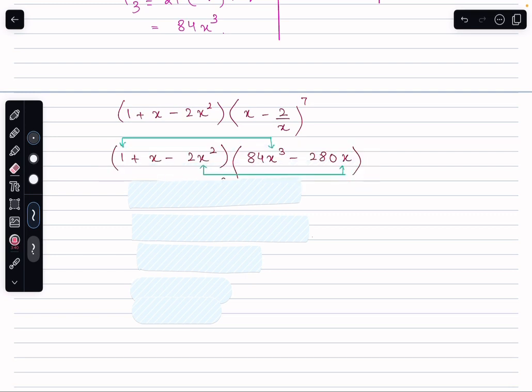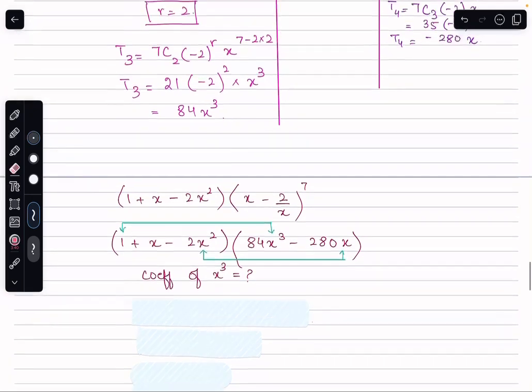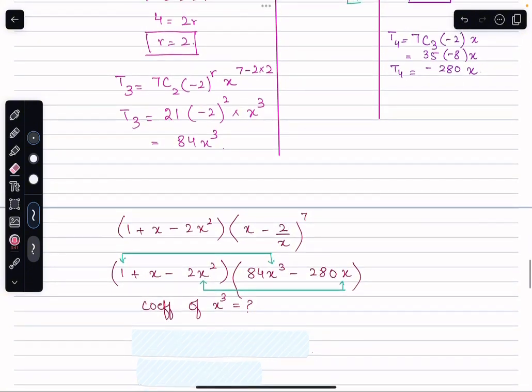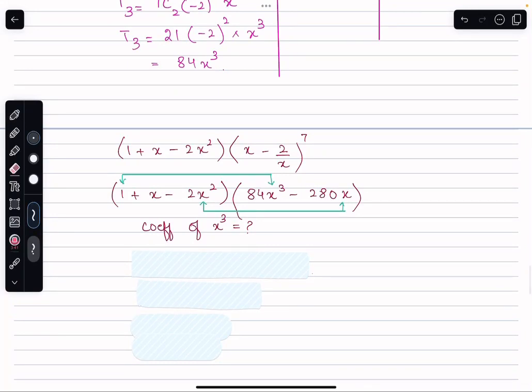So solving it further, 1 should get multiplied by 84x cube, which is the term that we had over here, and then it should also get multiplied by negative 280x. So 1 getting multiplied by 84x cube, and negative 2x square getting multiplied by negative 280x. With x, we know that there is no term in x square for the expansion here that can give me an x cube coefficient.